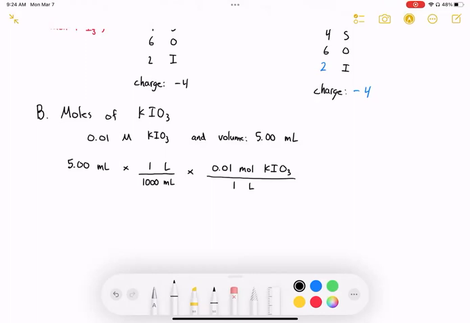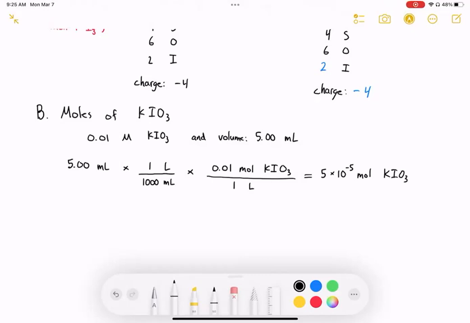So that will give us a value of, all right, let me pull up my calculator here. So that will give us a value of 5 divided by 1,000 times 0.01. So that gives us about 5 times 10 to the negative 5 mole KIO3.